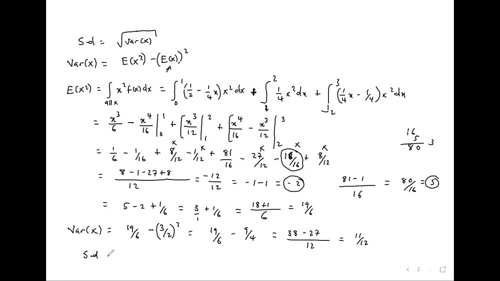So the standard deviation is the square root of the variance of x, which is the square root of 11 over 12. But you guys use calculators in this course, so you can punch and get the value of this and put the answer in decimal places.